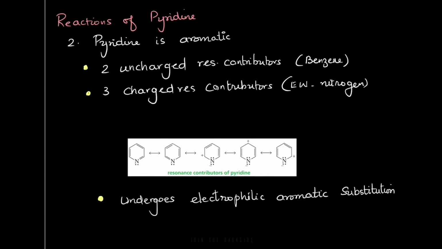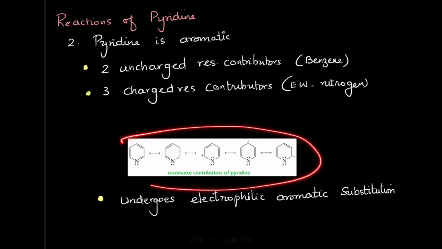Now, what are other reactions that pyridine can undergo? Remember, pyridine is aromatic. You still have those 6 pi electrons in the ring, and also it's cyclic, and all the atoms in pyridine are planar, and therefore it is aromatic. When we look into the resonance contributors, there are actually 5 resonance contributors.